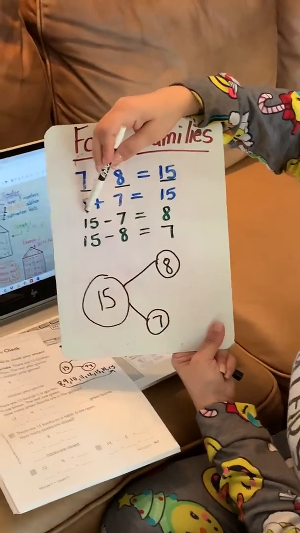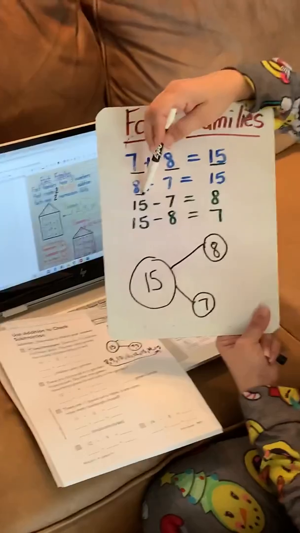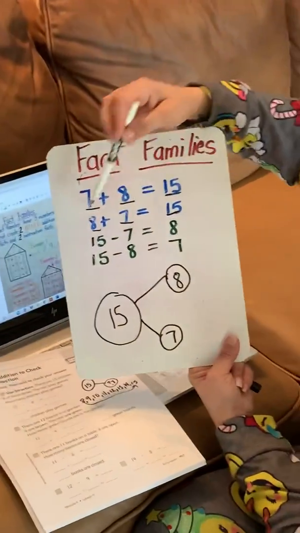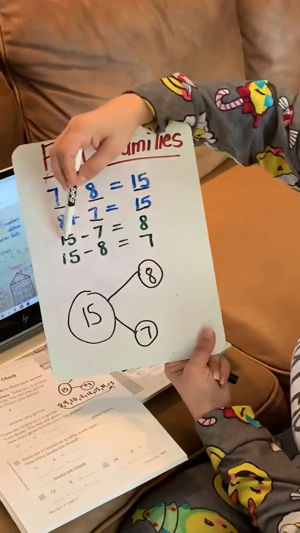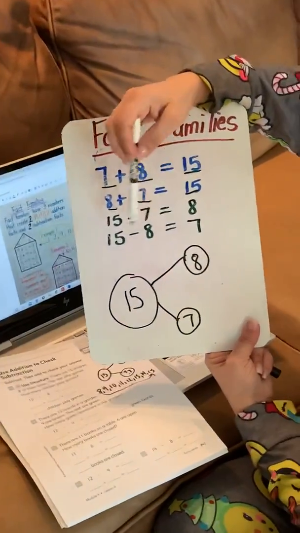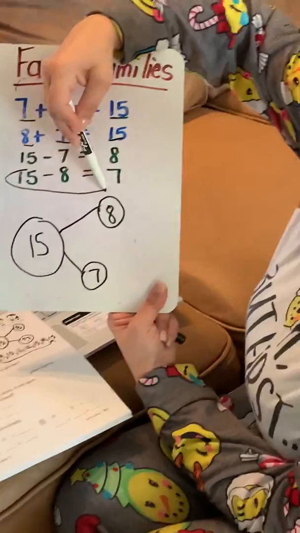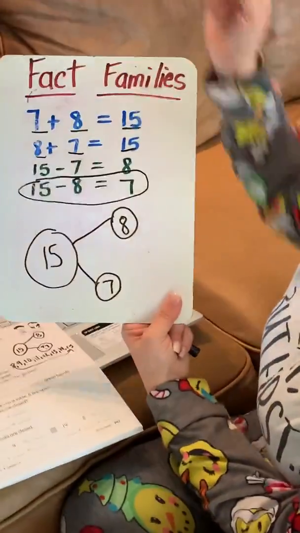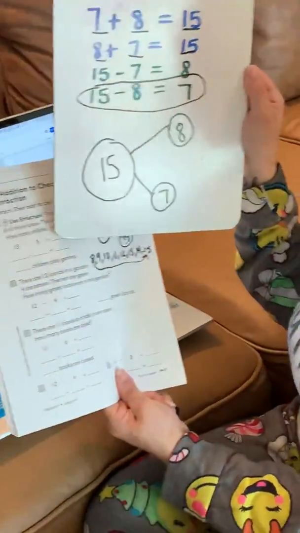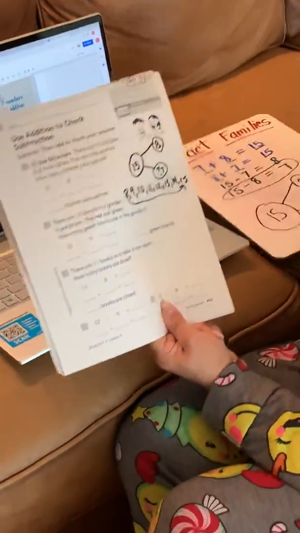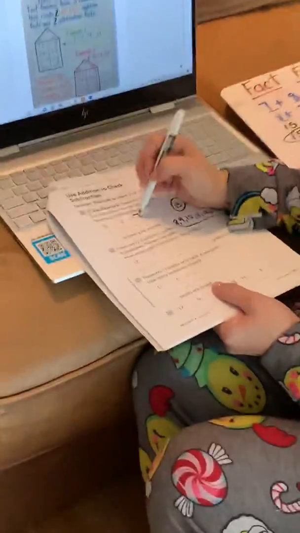Then I do the commutative property, I switch my numbers, 8 plus 7 equals 15. And then when I do my subtraction, I have 15 minus 7 equals 8. And 15 minus 8 equals 7. And I already noticed that this here is my answer for this problem. So now I know that 15 minus 8 equals 7.